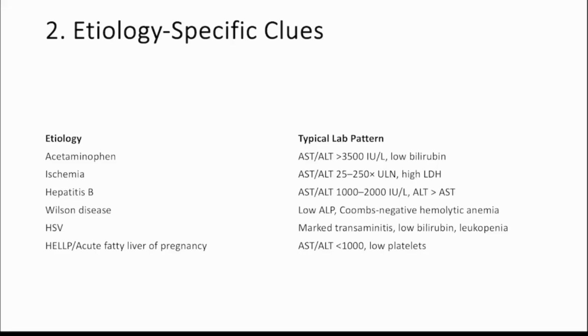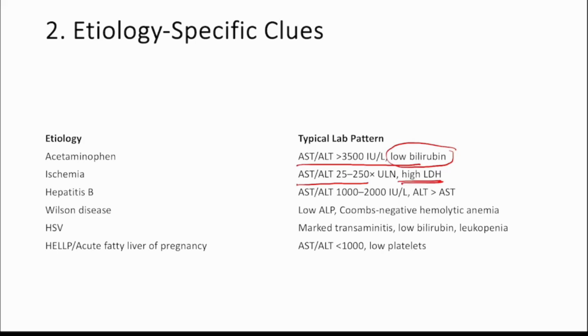So as mentioned, acetaminophen, usually the AST/ALT will be very high with a low bilirubin. So in our patient, the serum bilirubin was fairly within normal limits, but the enzymes were very much elevated. Ischemia, again, you get a very high AST/ALT, and you can get a high LDH. Hepatitis B, again, the transaminitis is there.